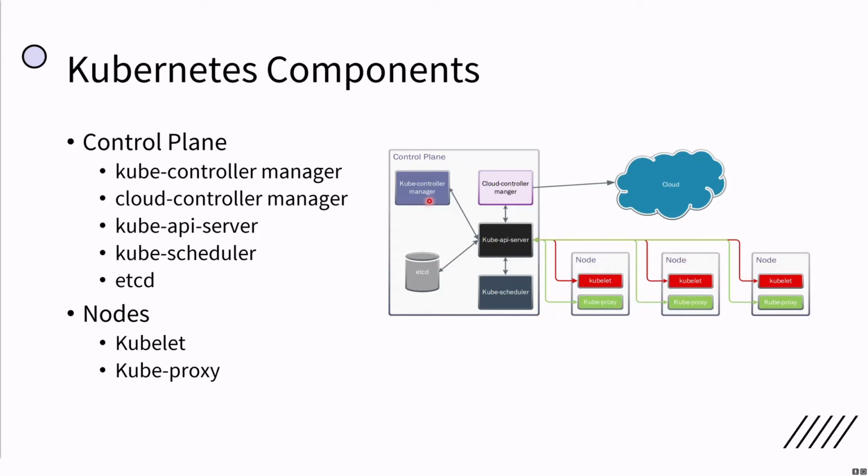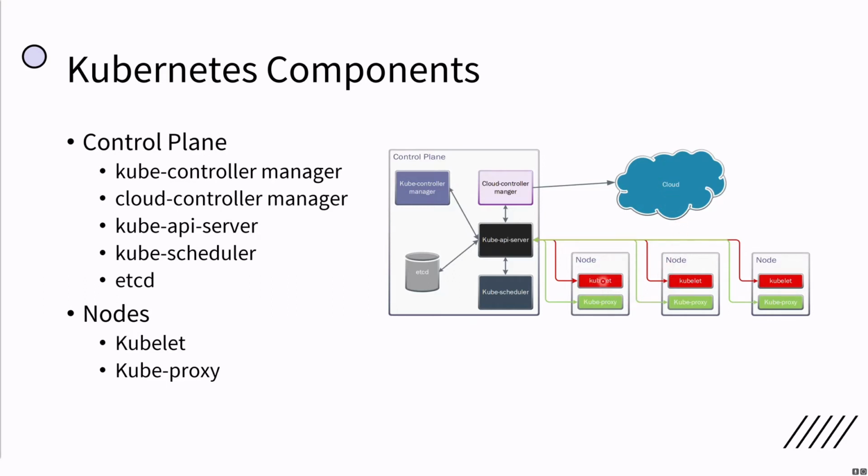The Kube Controller Manager controls the nodes, replications, endpoints, service accounts, and token controllers. The Cloud Controller connects your Kubernetes cluster to your cloud provider's API so that you can expose your service to the cloud provider.